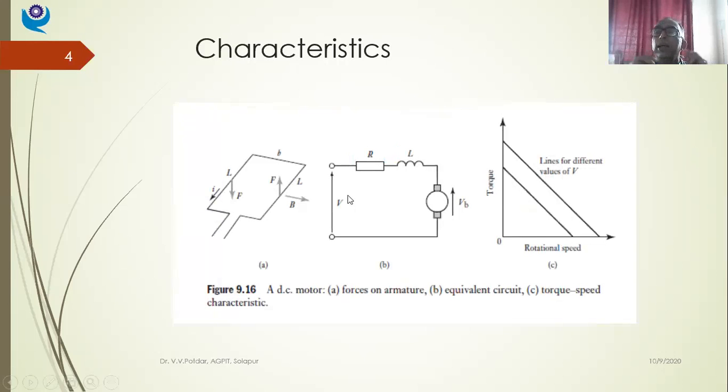The current carrying conductor will have some resistance. These are normally copper wires, which will have a resistance of their own. It is modeled and shown as R, the equivalent resistance, and L is the inductance of the current carrying conductor.